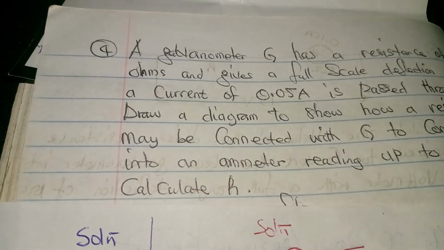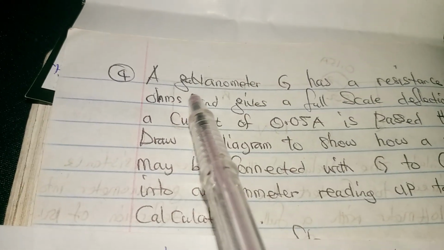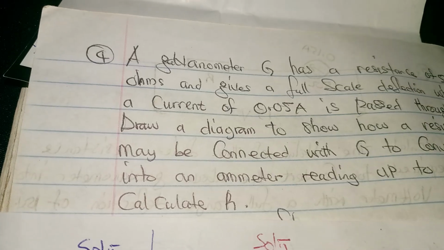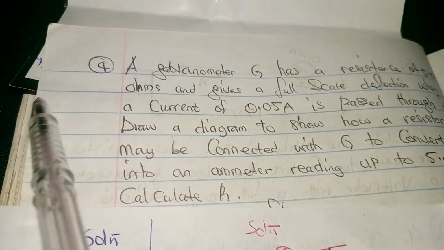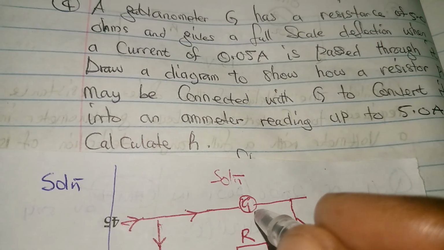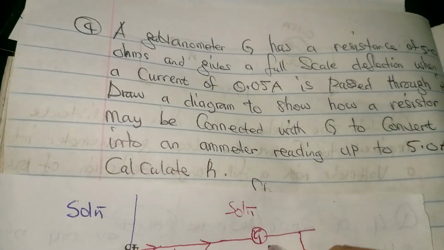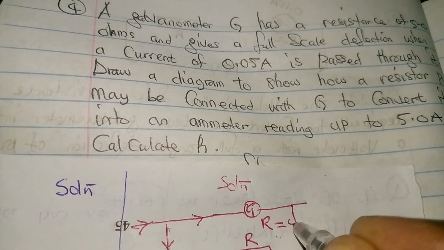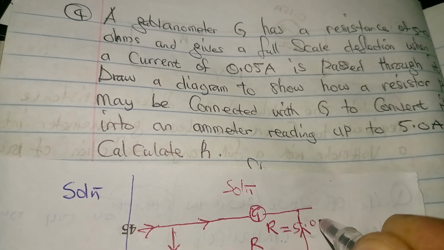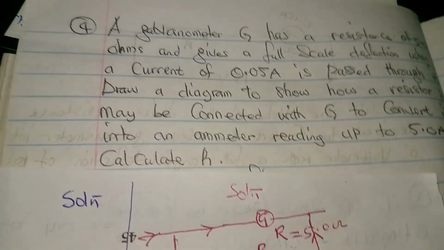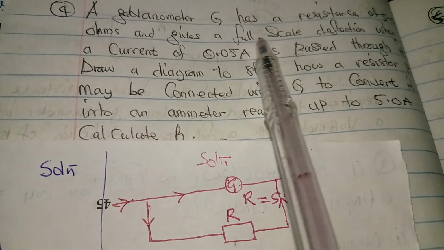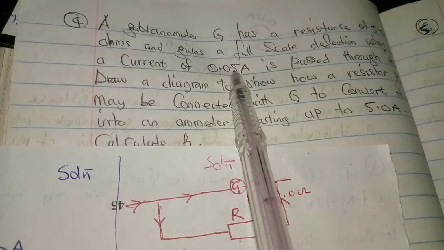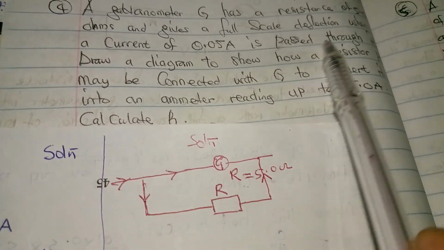But let's interpret. A galvanometer G has a resistance of 5.0 ohms. So this is my galvanometer, and the resistance is equal to 5.0 ohms, and it gives a full-scale deflection when a current of 0.05 ampere is passed through it.